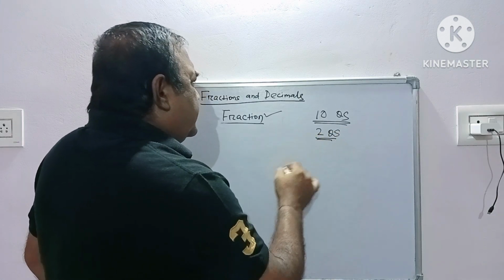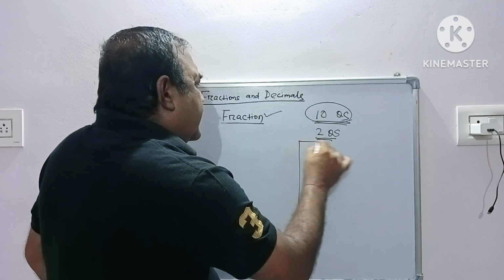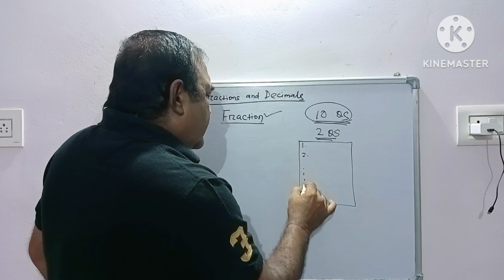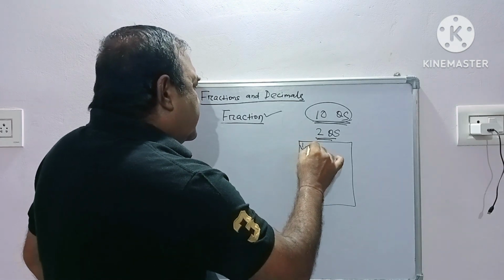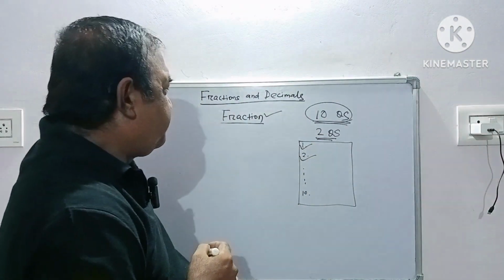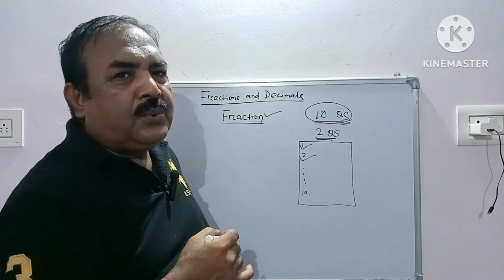Okay? So you see, in one exercise, there are 10 questions, 1, 2, 3, like this, up to 10 questions. But you have been told to do 2 questions as the homework. So out of 10 questions, you have to do 2 questions.